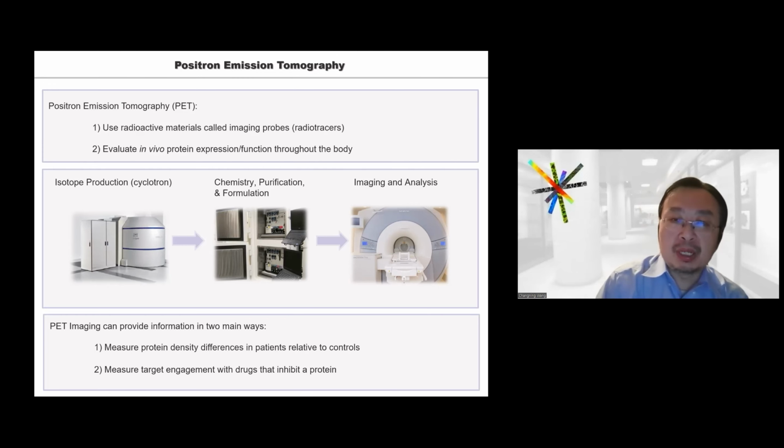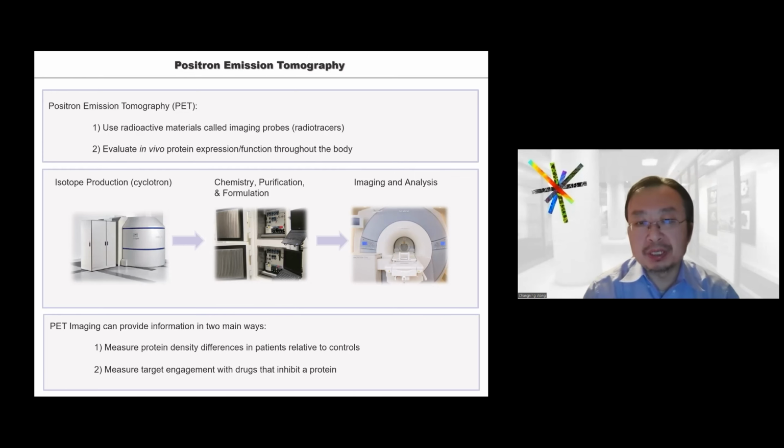Regarding the application of PET imaging, I would say there are two parts. One is that we can measure protein, enzyme or receptor density differences, comparing a patient with a healthy control subject, or a disease model with a control model. The next is that we can measure target engagement for drugs.